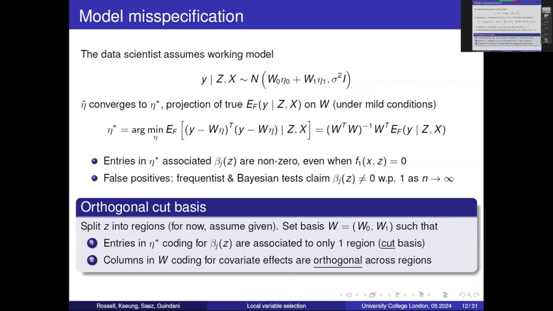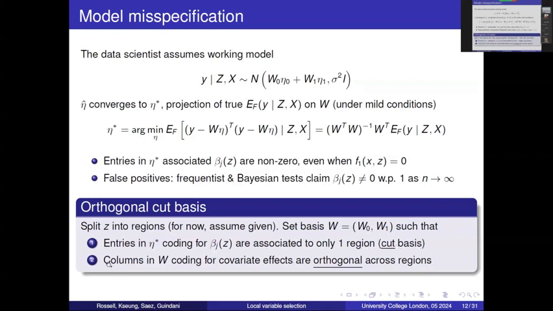For now it's given, although we'll do a multi-resolution analysis to learn that. We set a basis W that satisfies two properties. The first is that the entries in the asymptotic parameter value coding for a local covariate effect are only associated to one region. I'll make this more explicit in the next slide. That is called a cut basis.